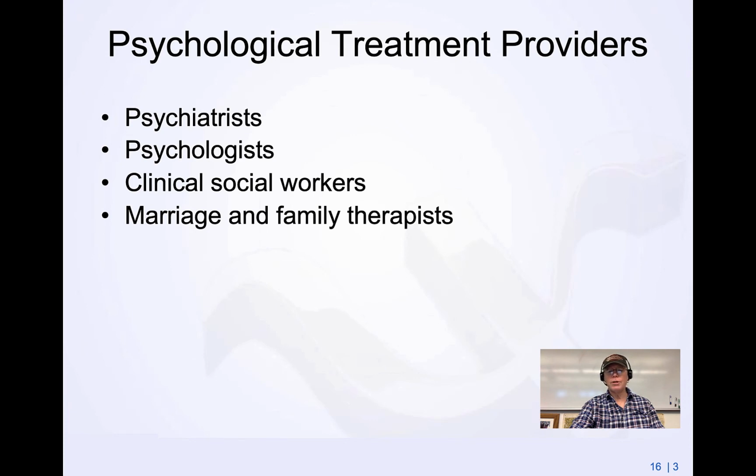Their specialty is relationships within families. Clinical social workers, we have those here at school. Social workers deal with other people's issues. So we have a social worker here that may have worked with your family or other families to help you with your education and beyond your education.